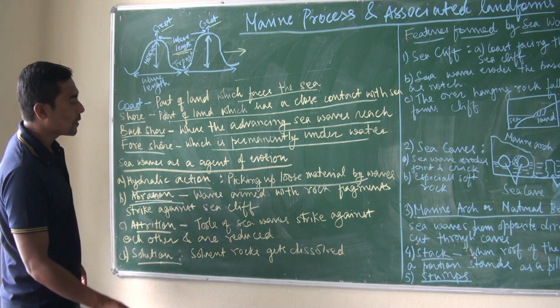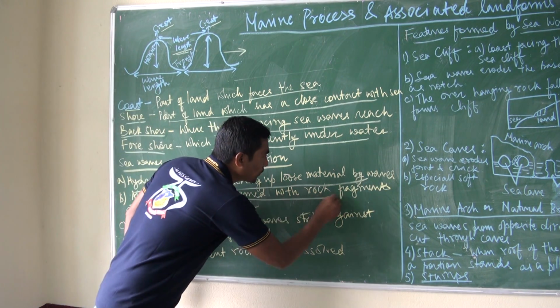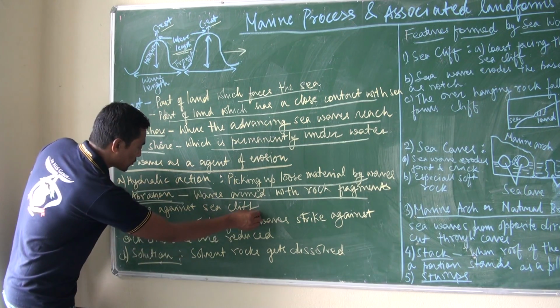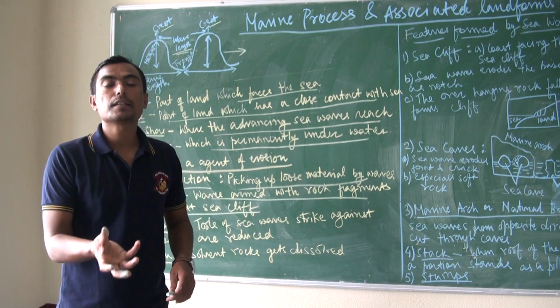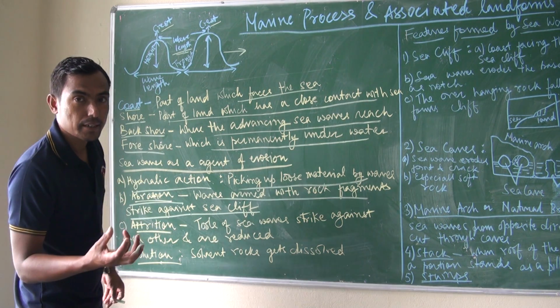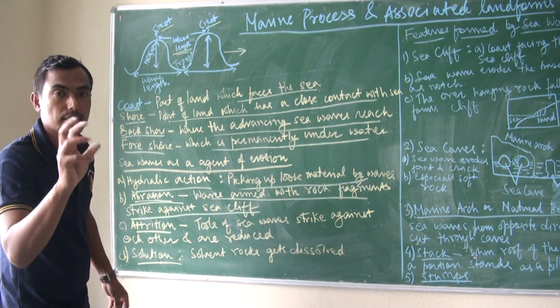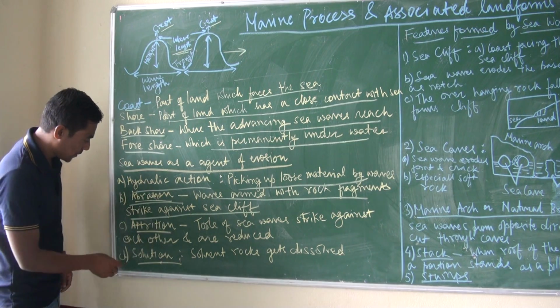Next, abrasion. Abrasion means when the sea waves, armed with rock fragments, strike against the sea cliff. Whenever the sea waves are armed with those picked up loose materials and strike against the sea cliff, that is known as abrasion.